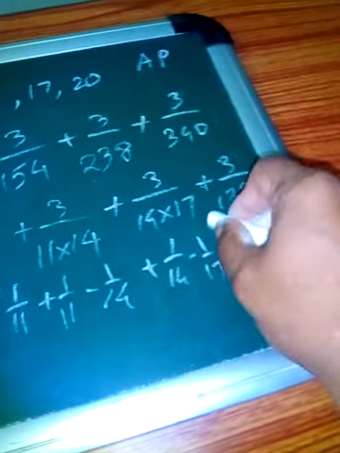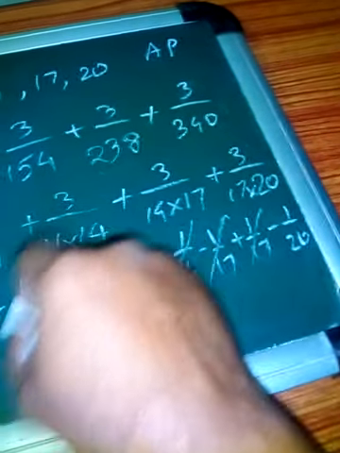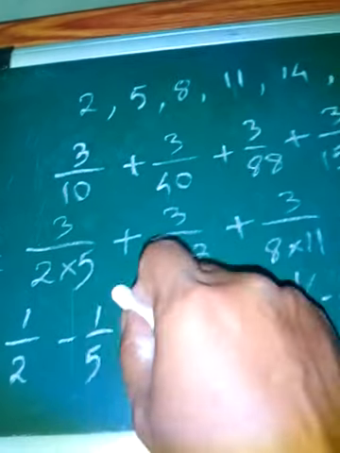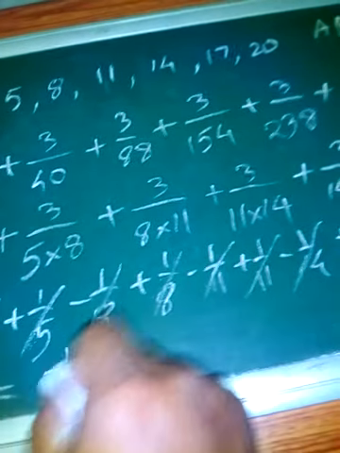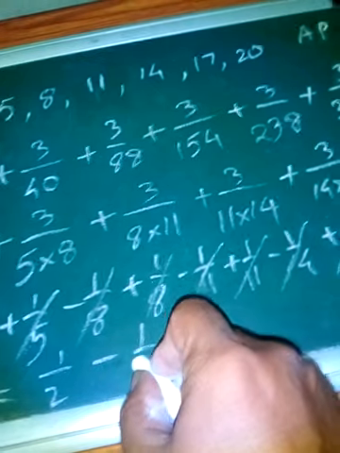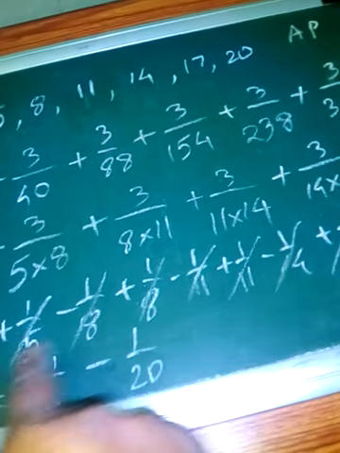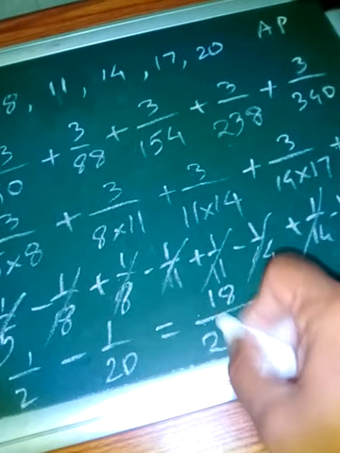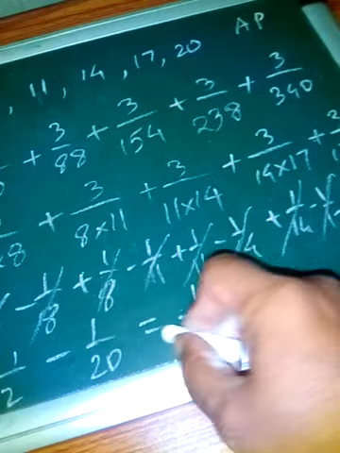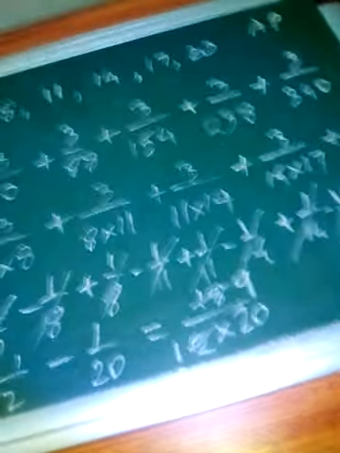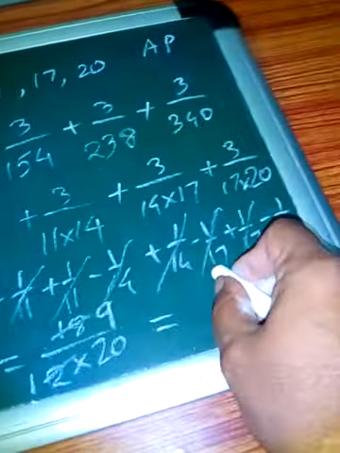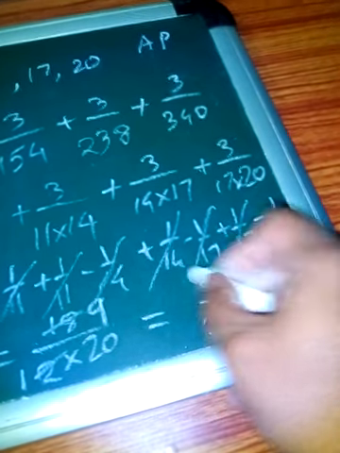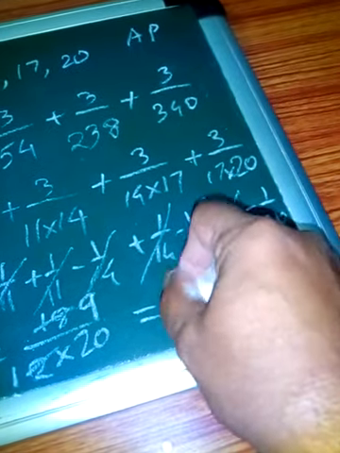So finally, after cancellation of opposite numbers, we get 1 upon 2 minus 1 upon 20. So 20 minus 2 is 18. So 18 upon 2 into 20. So we can reduce it, 2 under 2, 9 by 18. And so the answer is 9 by 20. A very simple answer.